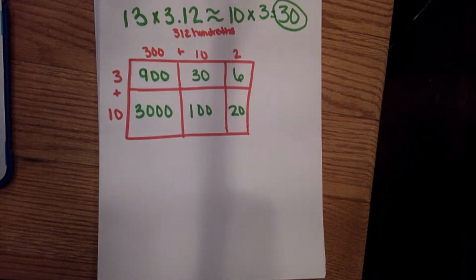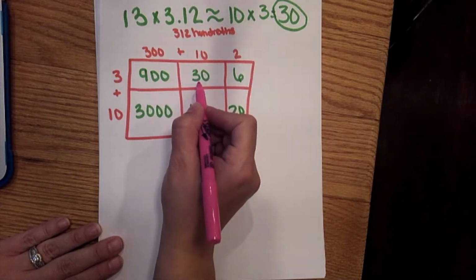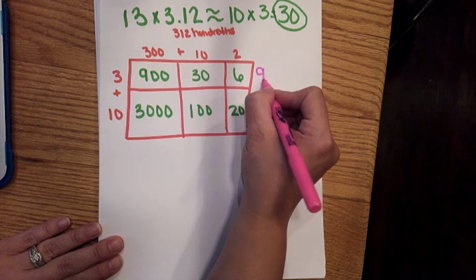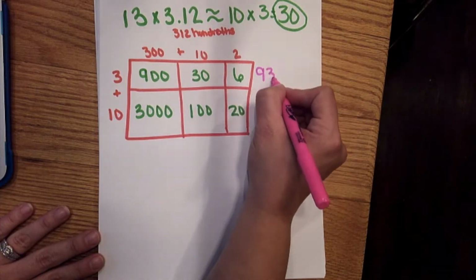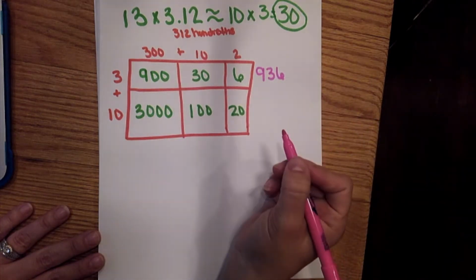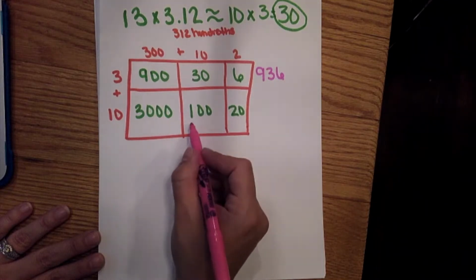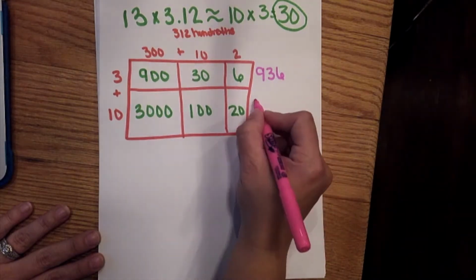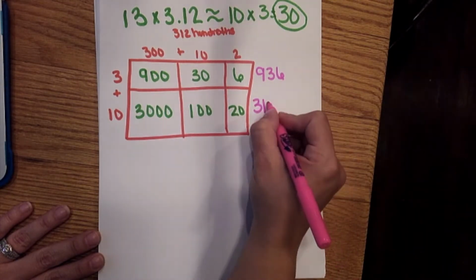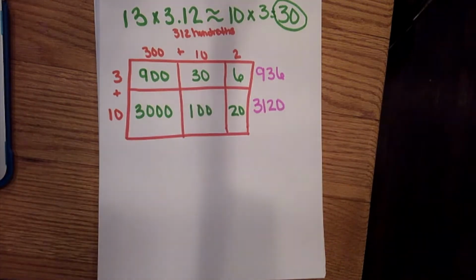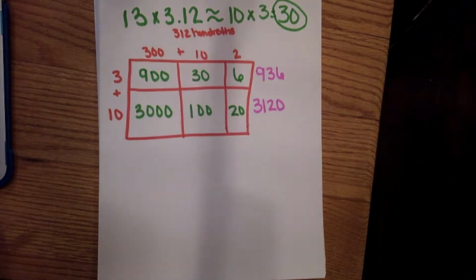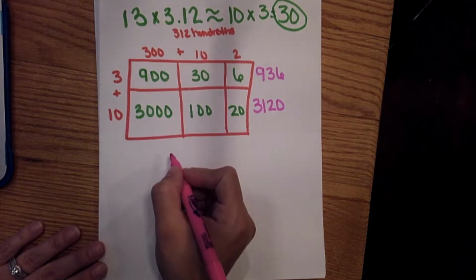Now, when we add these together, we're going to say 900 plus 30 plus 6. So a 9 in the hundreds place, 3 in the tens, 6 in the ones. Then we're going to say 3,000 plus 100 plus 20. So 3,120. Then we can add those numbers together.